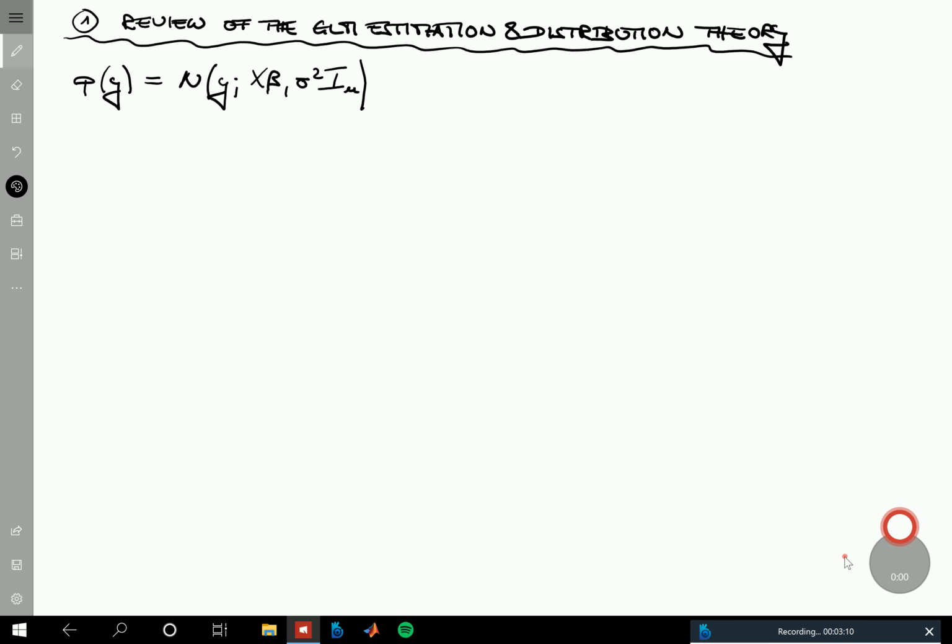So remember that y is n-dimensional, X is n times p-dimensional, beta is p-dimensional, sigma square is larger than 0.